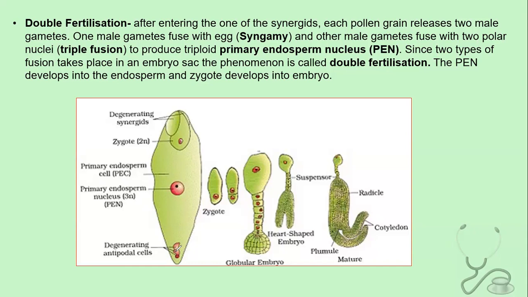Whereas what happens in the case of triple fusion, that is, the fusion of the other male gamete with the two polar nuclei present in the center? It will result in the formation of a primary endosperm nucleus. What is it? PEN, or primary endosperm nucleus.